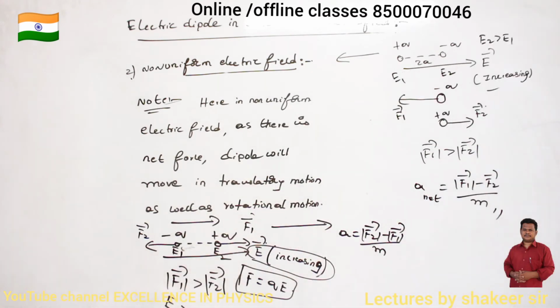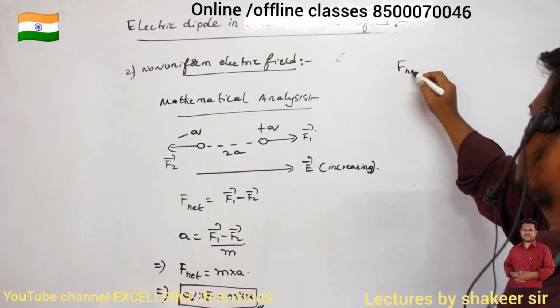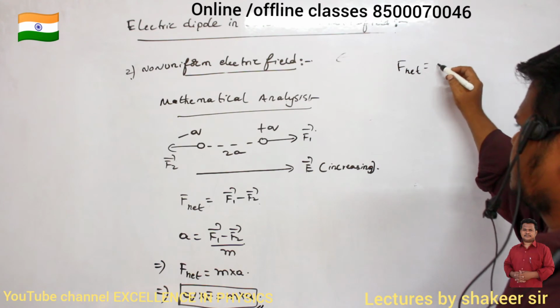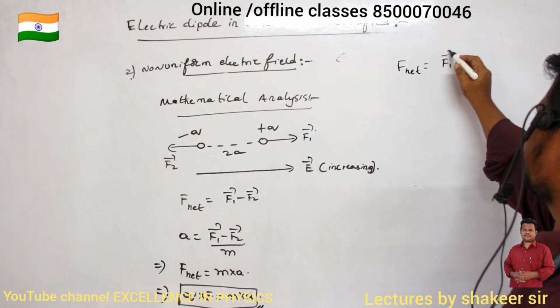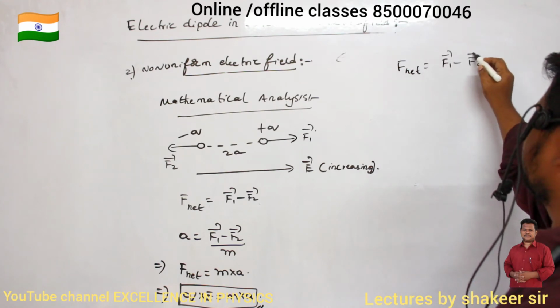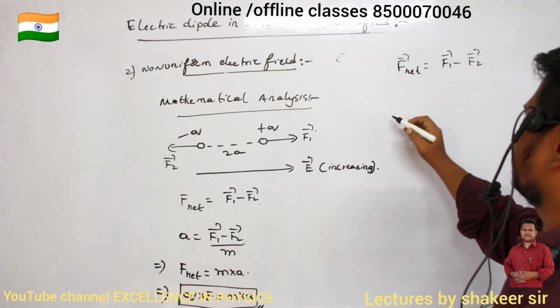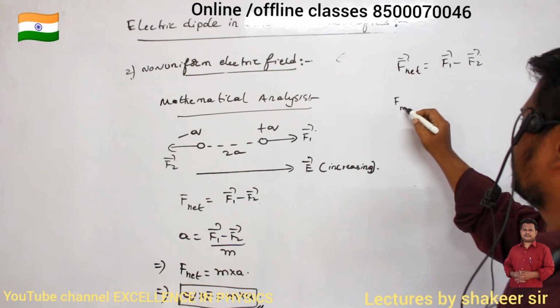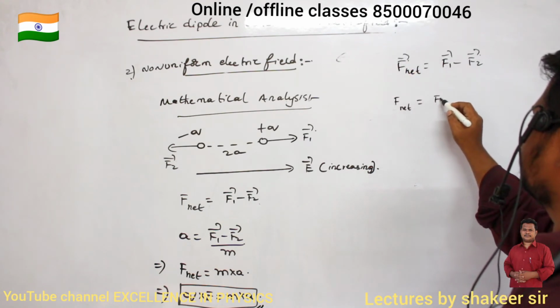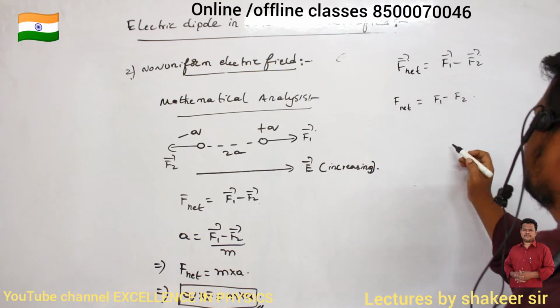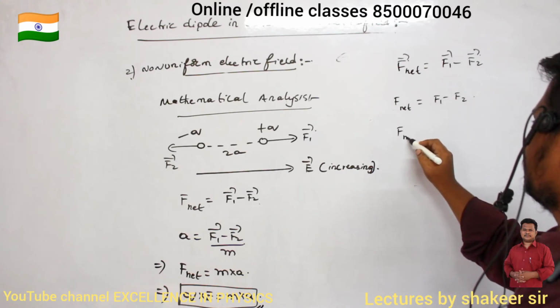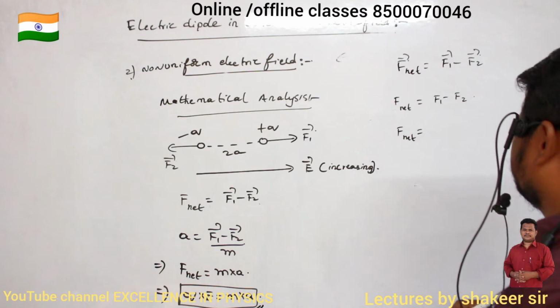So theoretical questions can be asked. F net is equal to F1 dash minus F2 dash, or magnitude-wise I can write F net is equal to F1 minus F2. Clear? So F net is equal to force.